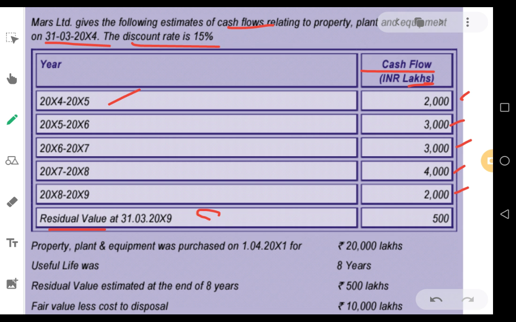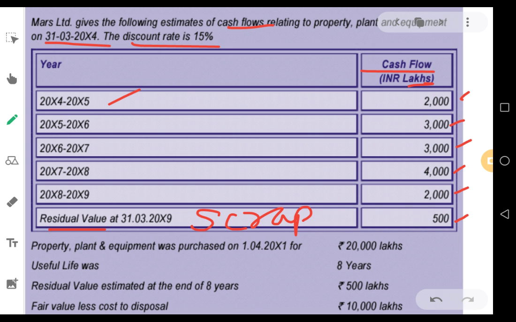Residual value is nothing but scrap or salvage, the final value of the asset after its lifetime. After the life of the asset, if anything is left over and sold as salvage, the amount realized by selling that salvage is called scrap or residual value. That is 500 lakhs.